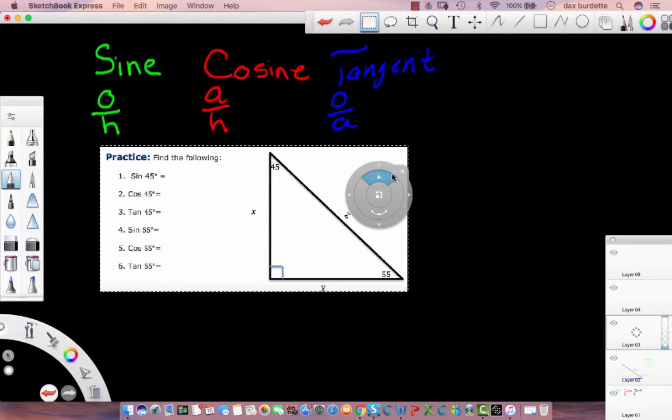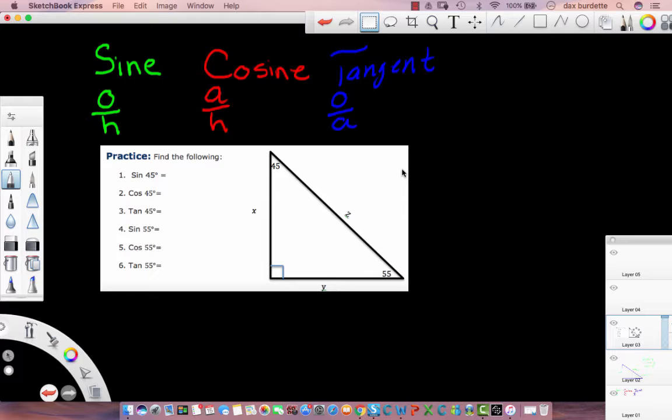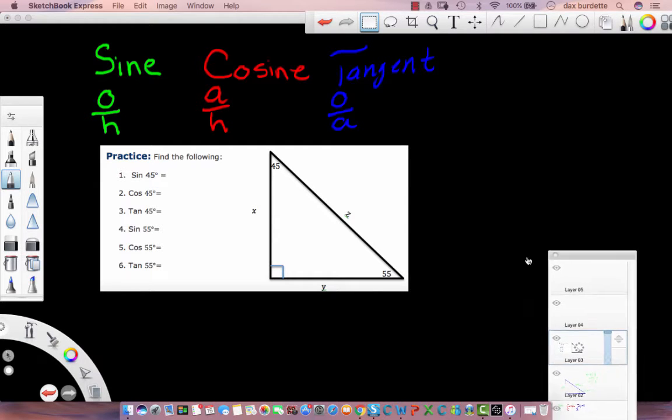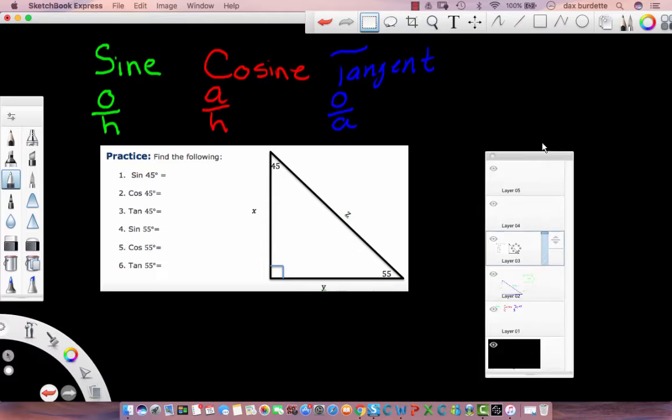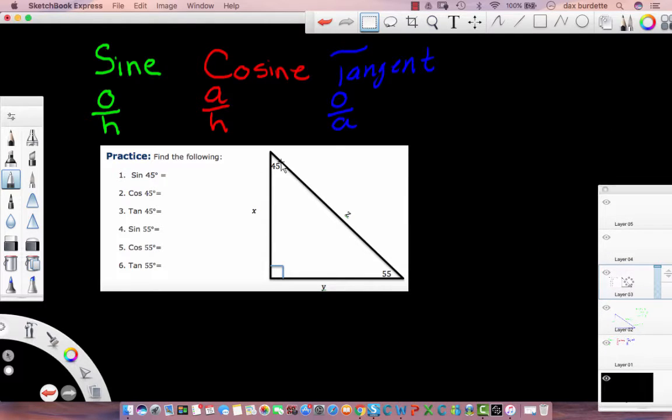Okay, so I just input this little snapshot, and basically it's going to help us do a lot of problems way quicker. So let's actually figure out what the answer is to 1 through 6 real quick. So sine 45 degrees. So what side would be opposite sine? Opposite over hypotenuse.